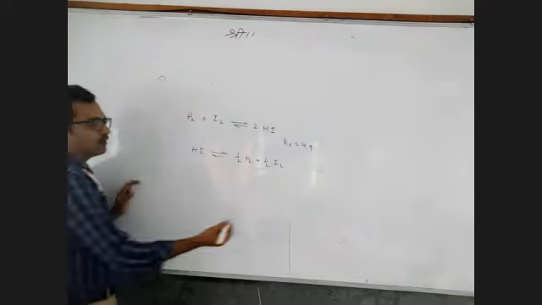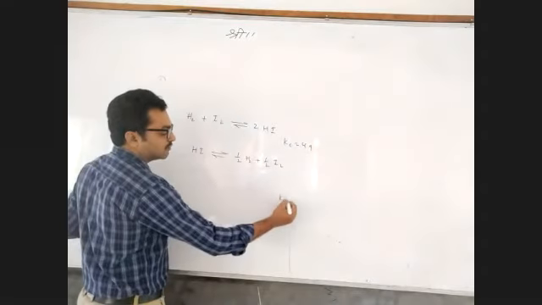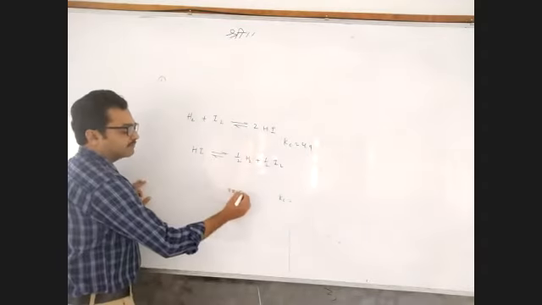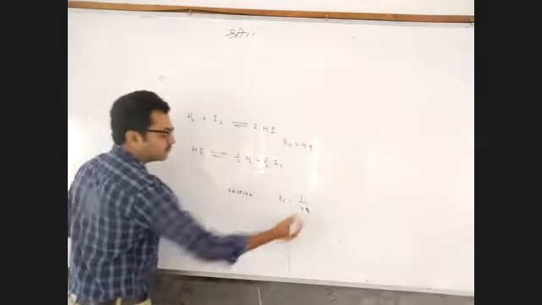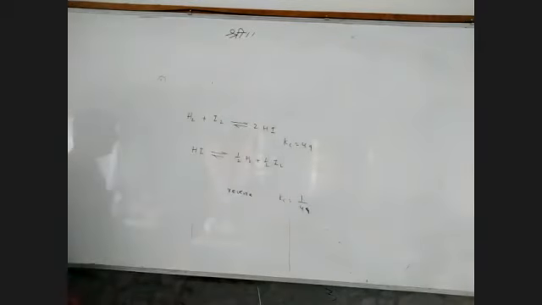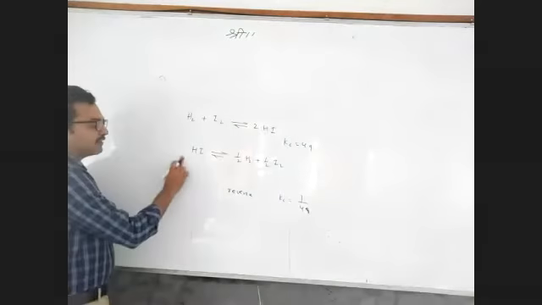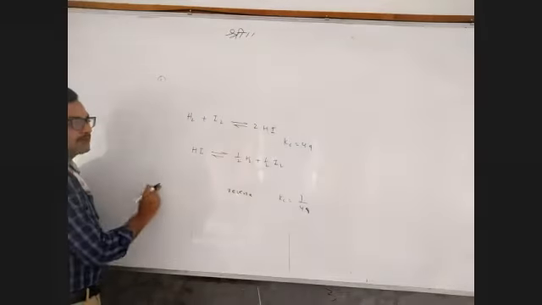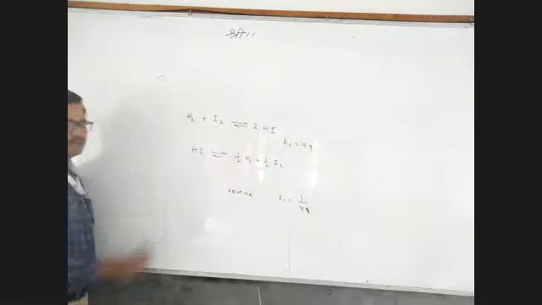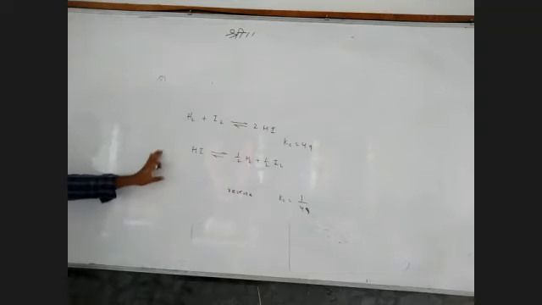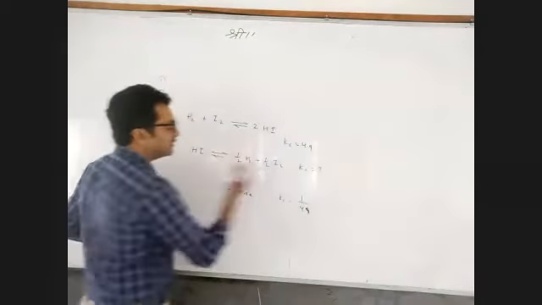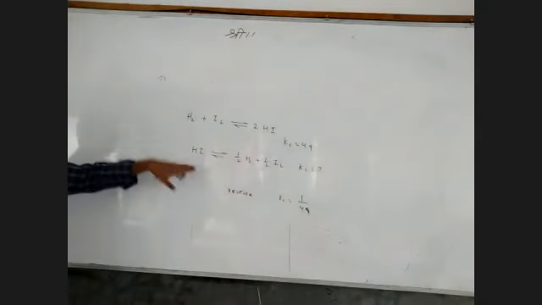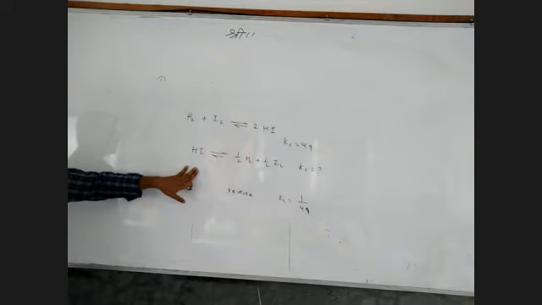So easy. First, we have to reverse this equilibrium. For the reverse reaction, what is the Kc value? For the reverse reaction, it is the reciprocal, 1 by 49. After reversing, we multiply by 1 by 2. Right, children? Understood this? Because for the equation whose equilibrium constant they are asking, it is obtained by reversing and multiplying with 1 by 2.